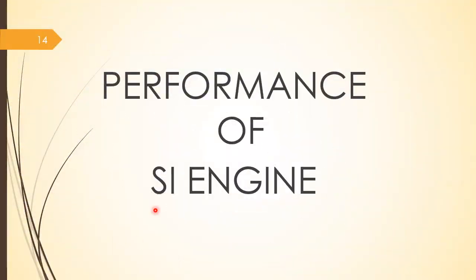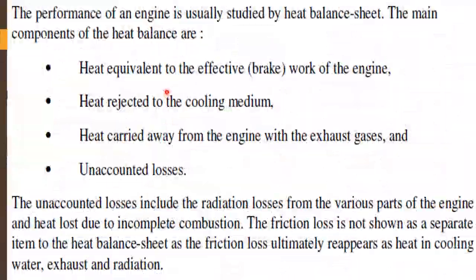So friends, now we will discuss the performance of a petrol engine. In the case of a petrol engine, when we go for performance, it is generally considered by the heat balance sheet.